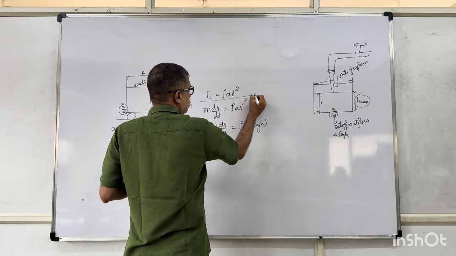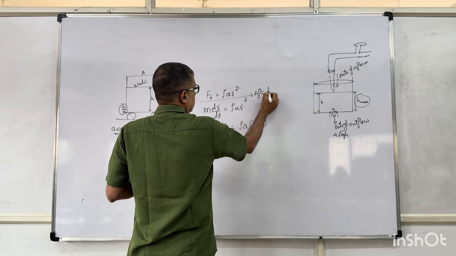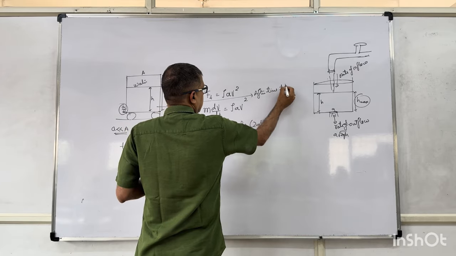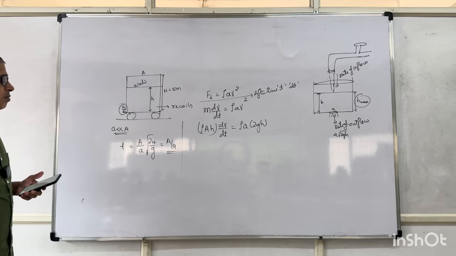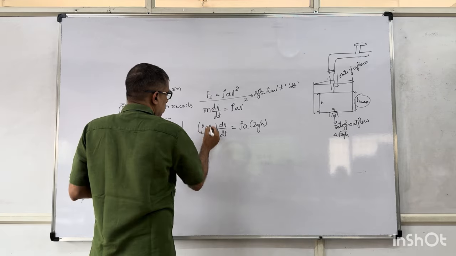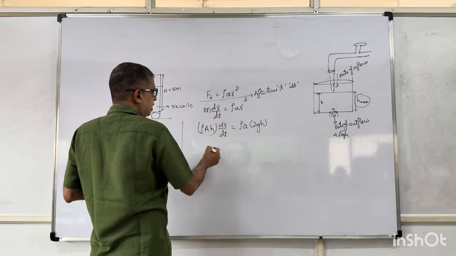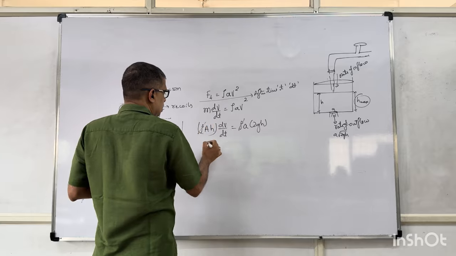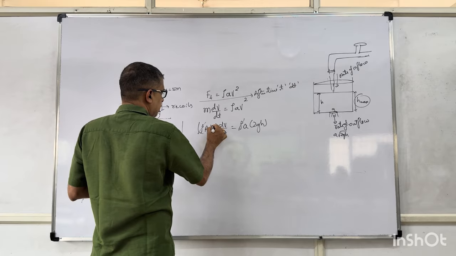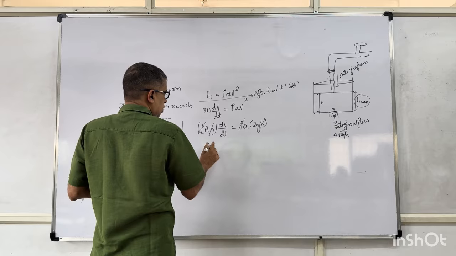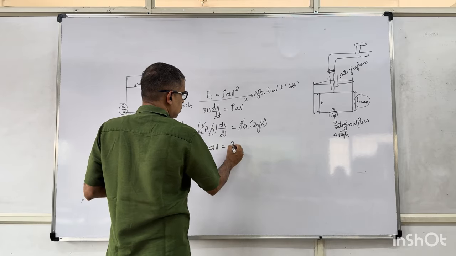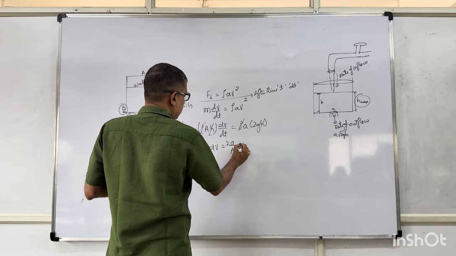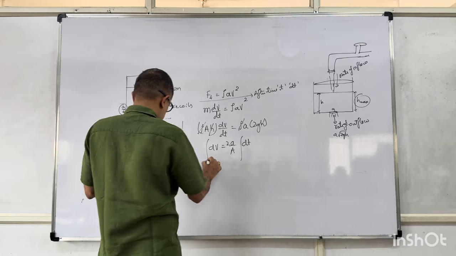Technically I should write after time t, in a short time interval dt, rho A h into dV by dt is this. Rho gets cancelled out. Capital A, h also gets cancelled out. Capital A dV is equal to small a by capital A, 2 times dt.